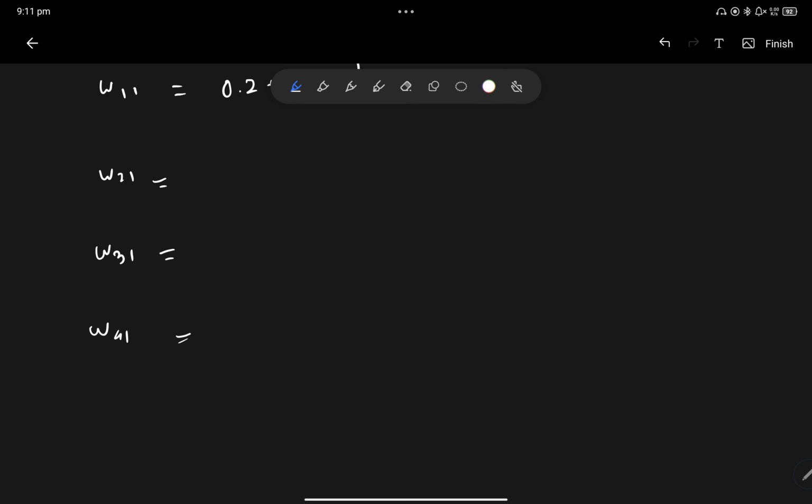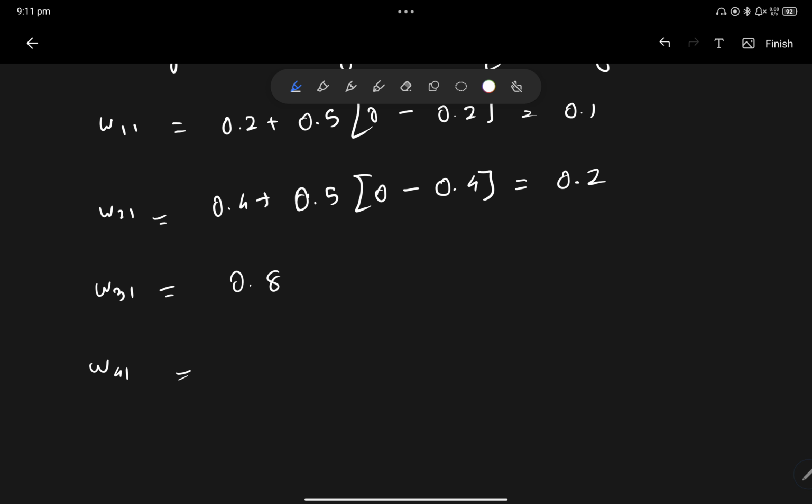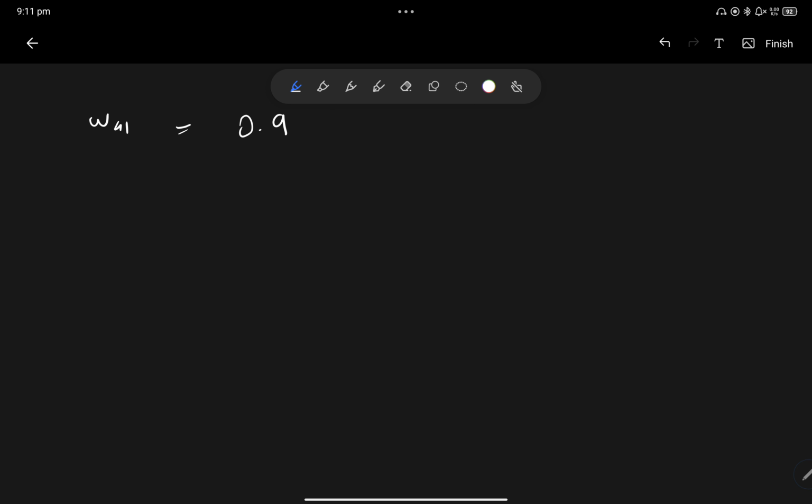So I need to put it here: 0 minus W_ij old, that is 0.2. So you'll be getting 0.1. Similarly here 0.4 plus 0.5, the learning rate, times 0 minus 0.4, so we'll get 0.2. Similarly if you calculate here 0.8 and 0.9, we update it.